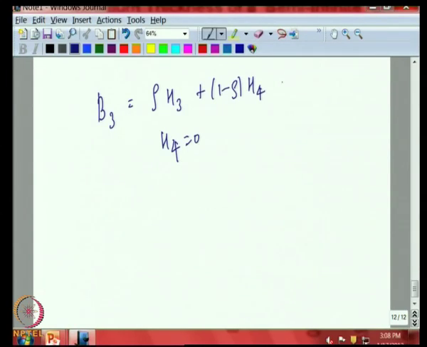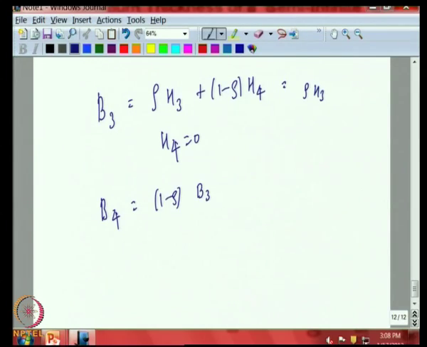So, this becomes the expression. Similarly, B4 is nothing but 1 minus rho times B3.